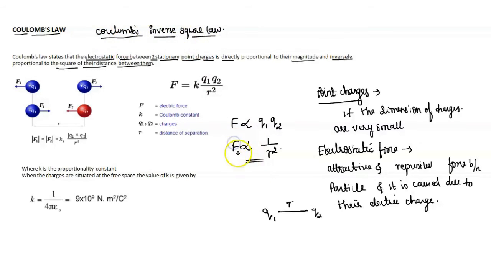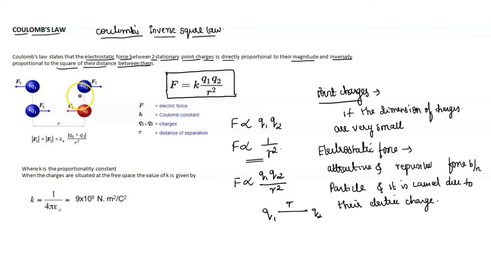When we combine these two relations, we get Q1 Q2 divided by r square, and when we remove the proportionality by adding the constant k, we get the equation F is equal to k Q1 Q2 divided by r square.